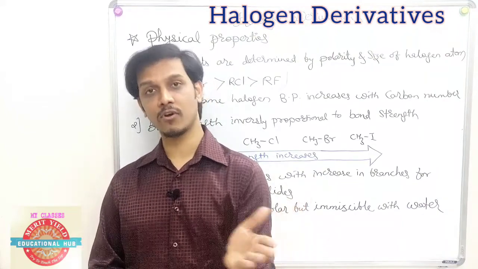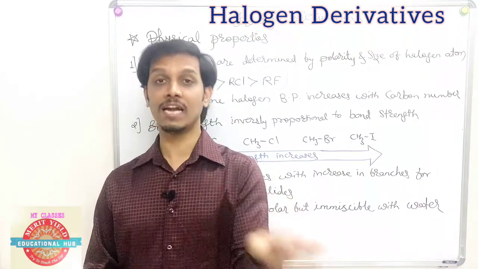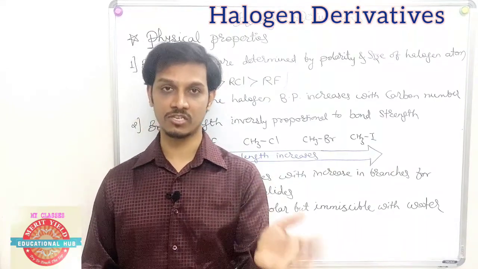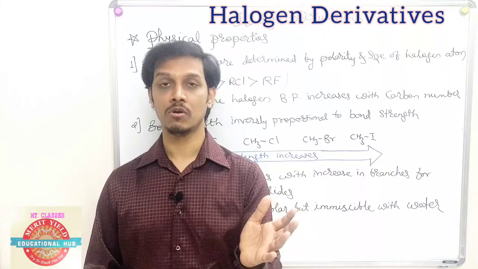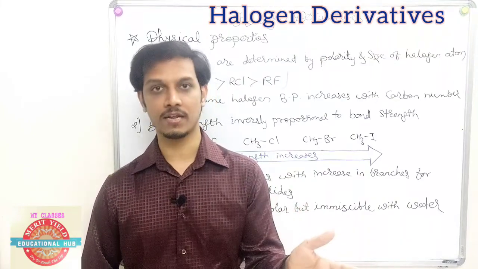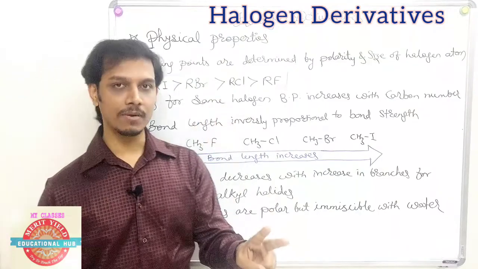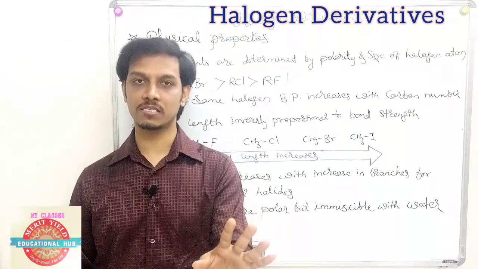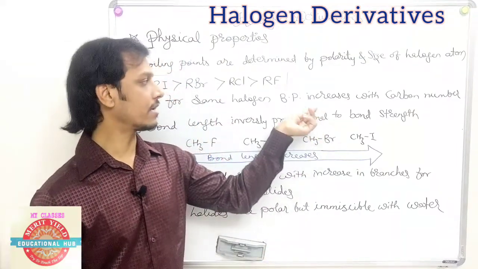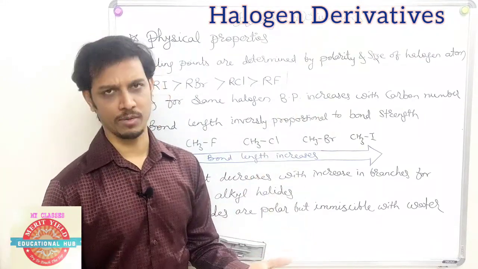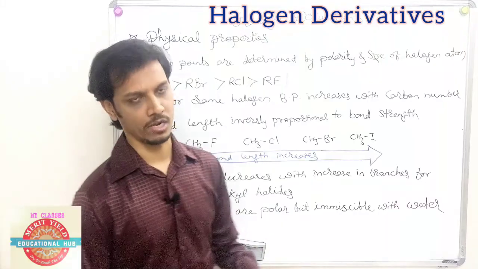If you use C4H9Cl, there are isomeric compounds like tertiary, secondary, isobutyl chloride, which differ. But if you have a 2 carbon system and a 4 carbon system, then the 4 carbon alkyl halide will have the higher boiling point.